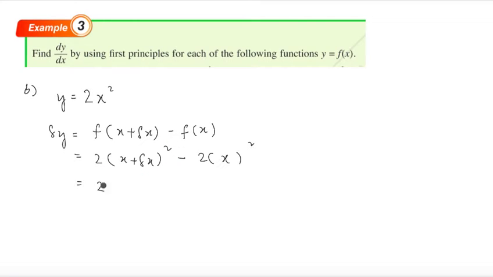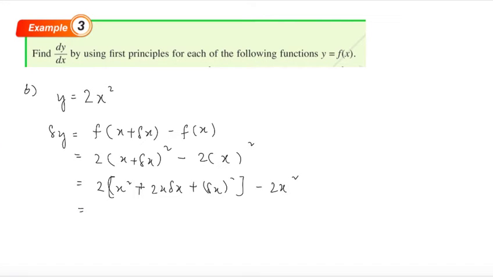This one 2 is copied down. This one expand. First one, x squared plus 2x delta x, 2ab, plus behind here delta x squared. Okay, minus 2x squared.